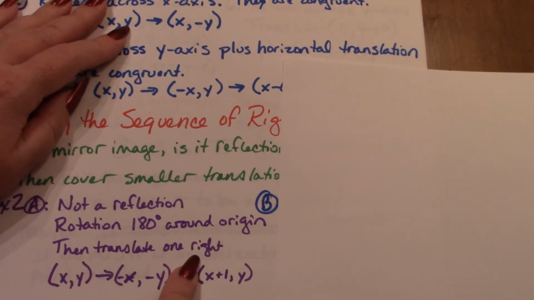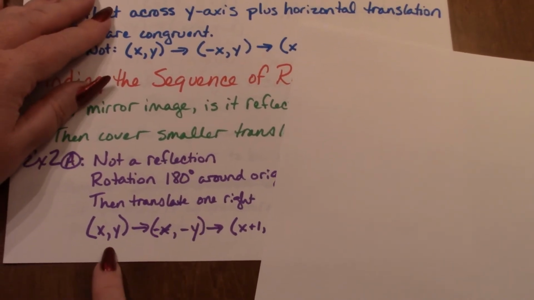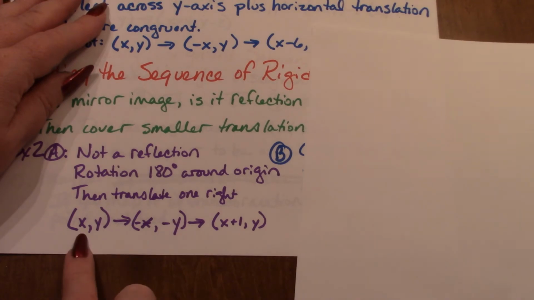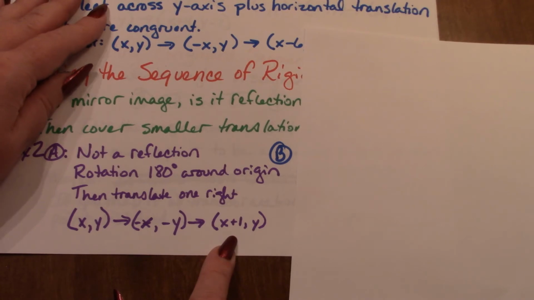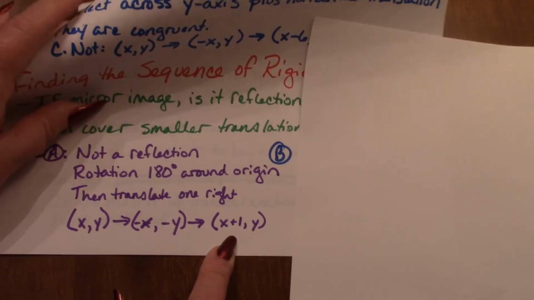That's when you realize you've got to translate one to the right. So our final coordinate notation takes xy through negative x, negative y and then into x plus 1, y. Have a look at B, pause here, and come back when you're done. We can check on how you're doing.